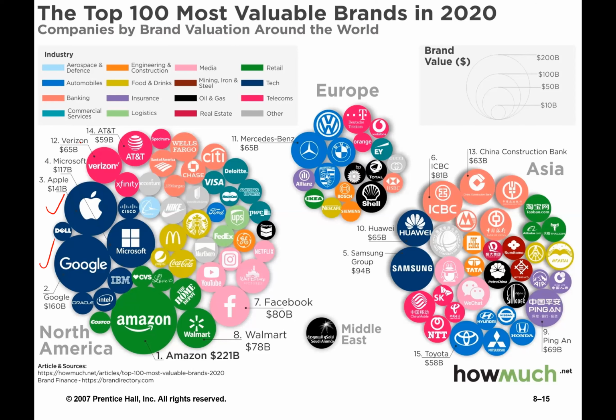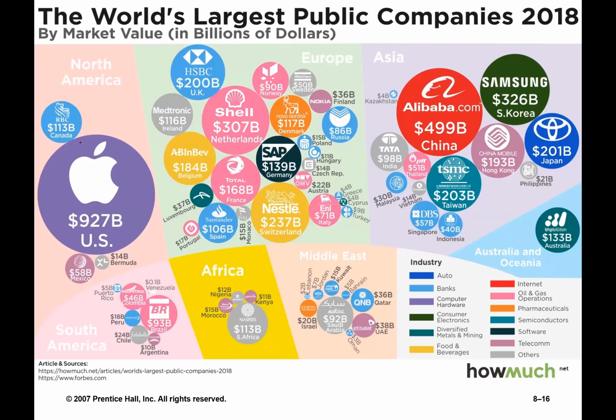Okay, weaknesses, strength, opportunity, and threat. And then the world's largest public company. What does public company mean? A public company is normally publicly listed on security bourses. In Malaysia, for instance, we have the stock exchange, the New York Stock Exchange, whatever exchange.